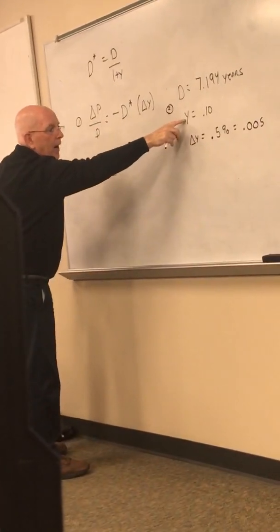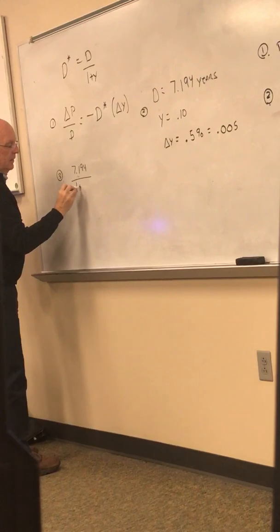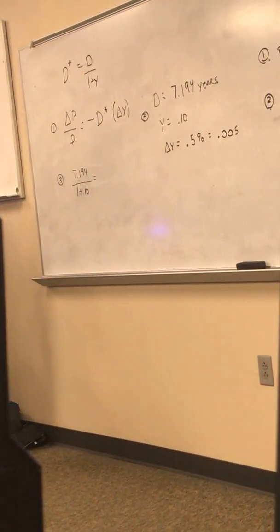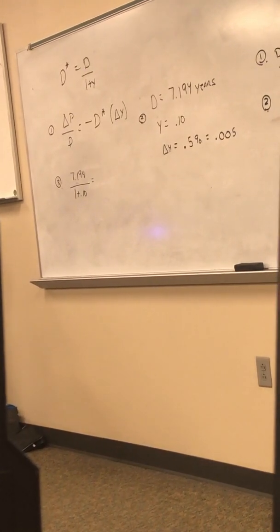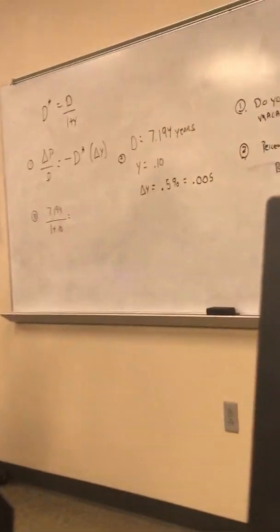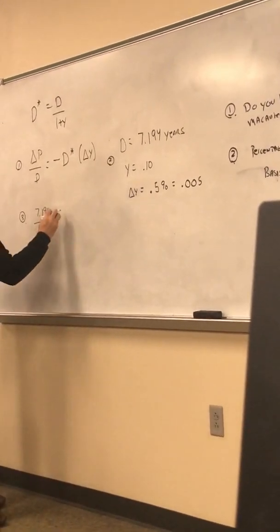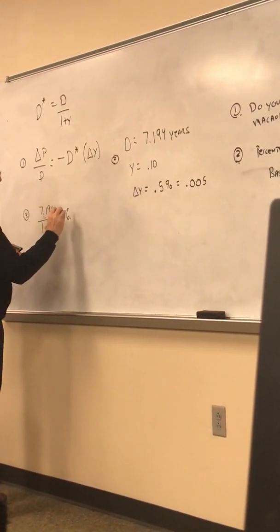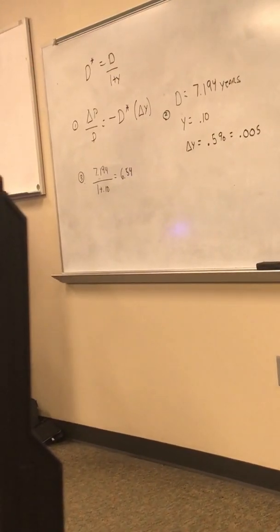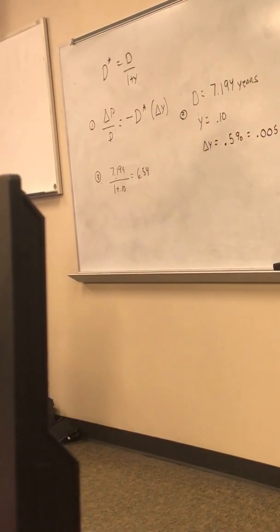My y is 0.1. And there's my first calculation. When I do that first calculation, 7.194 divided by 1.1 gives me 6.54. That's D star.